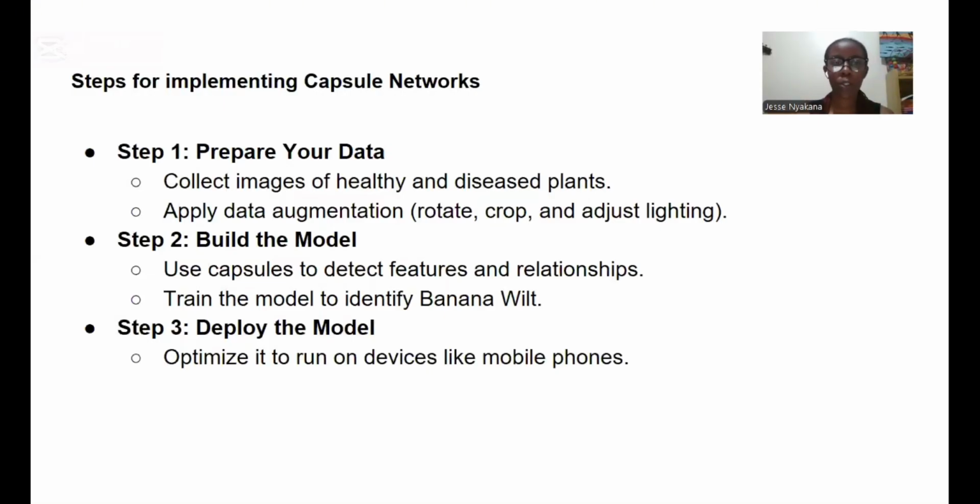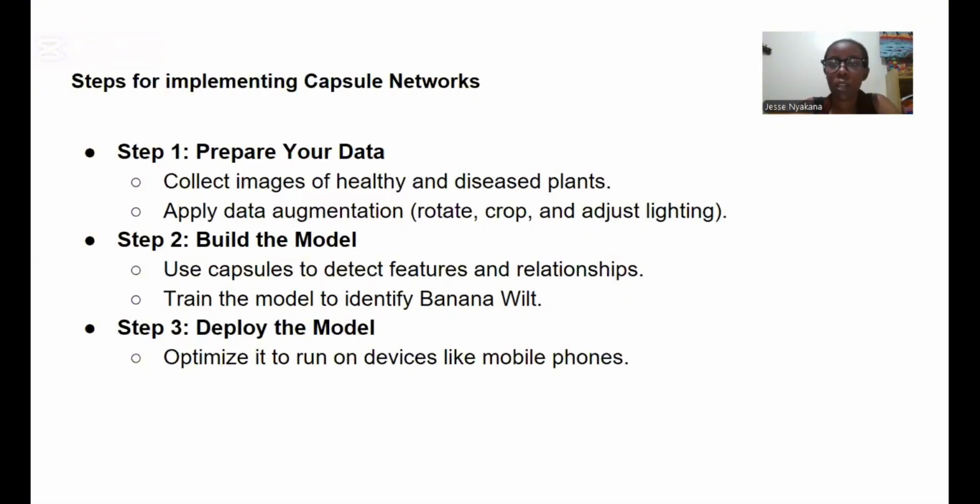Hey guys, so we are going to continue with our discussion of capsule networks. We've already introduced capsule networks, and now we are going to look at the steps that are used in the implementation of the capsule network model. So the first step is you obviously have to prepare your data. You have to collect images of healthy and diseased plants.